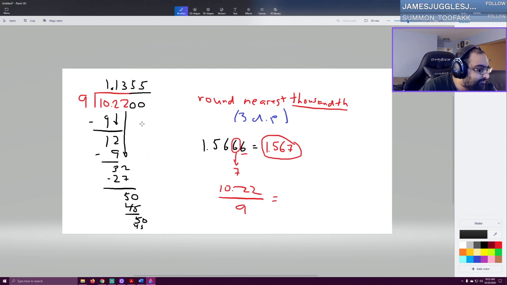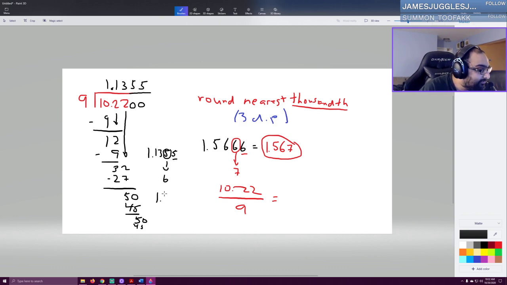Okay, now, since we're rounding it to the nearest thousandth, as we can see here, we have 1.1355. So here we got a circle here, 5. We'll underline that 5. Again, we're going to round this up by 1 because we have a 5 to the right of that one.